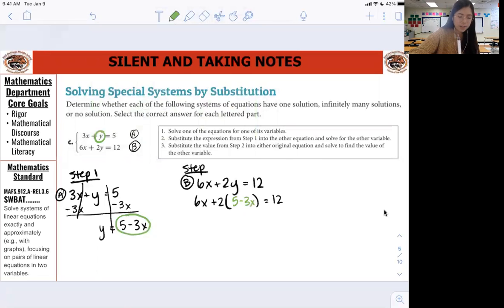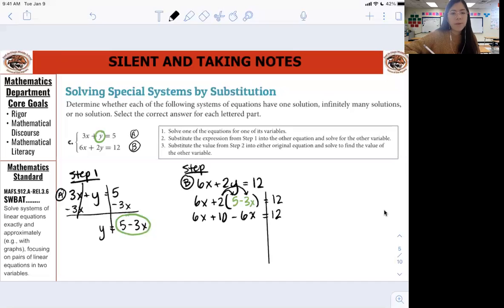What goes next? Distribution. And remember, just like we did before, the 2 gets multiplied to both of those values. So 10 and 6x. Good.